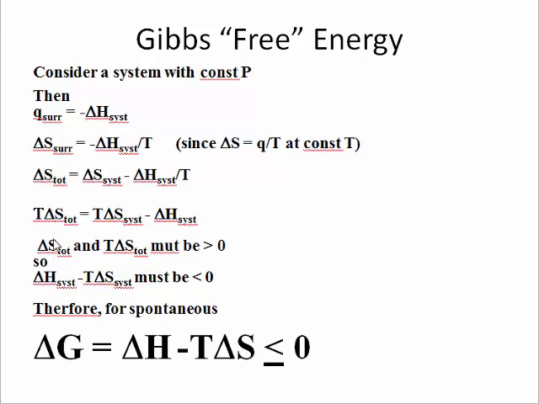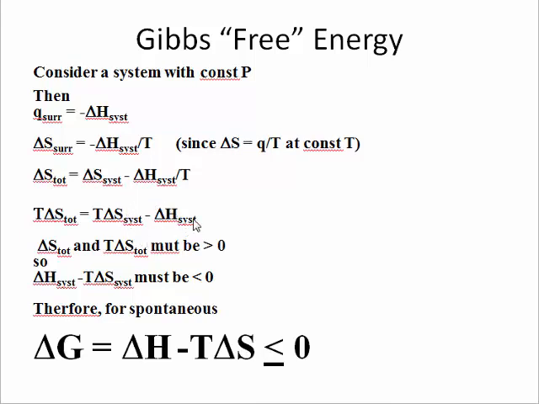The criterion for spontaneity is delta S total has to be greater than 0, and since T is absolute temperature, Kelvin, in this formulation, T delta S total must be greater than 0 as well. All right, so the left-hand side must be greater than or equal to 0 for a process to occur. That means the right-hand side must be greater than or equal to 0 for a process to occur.